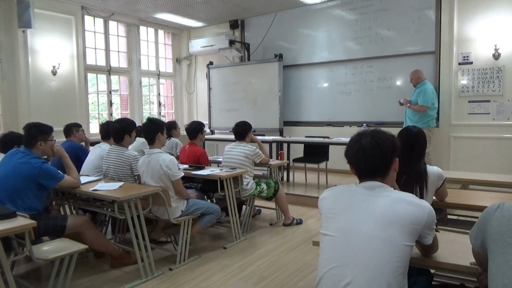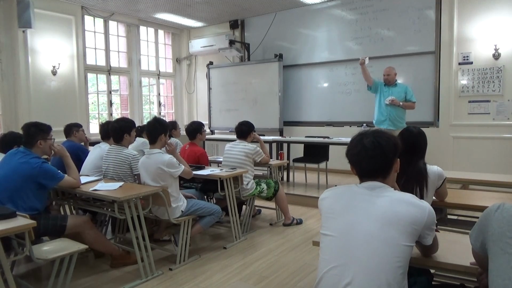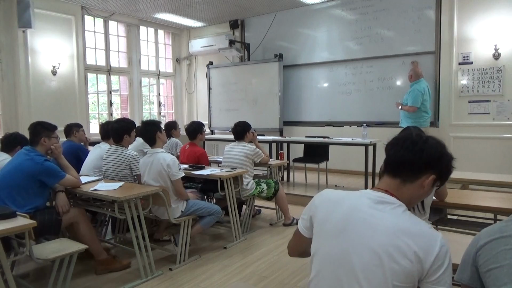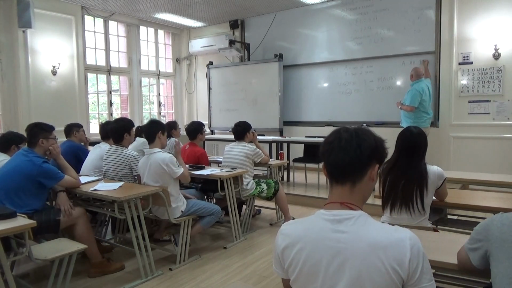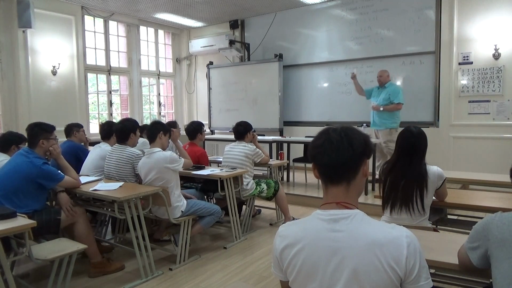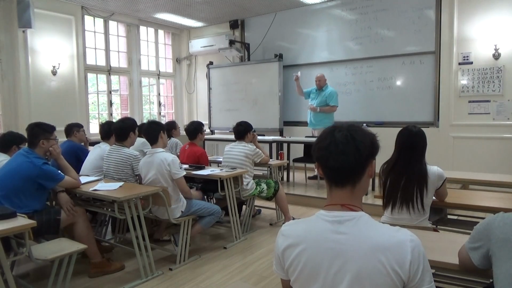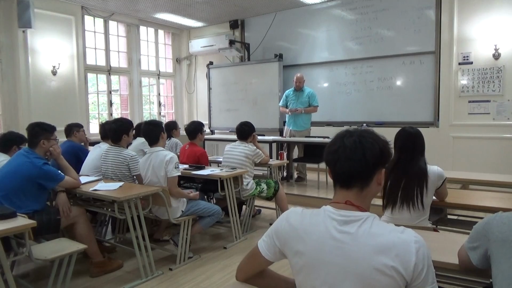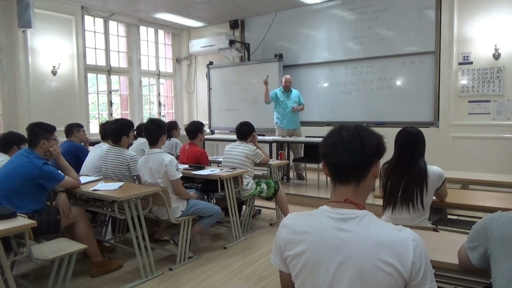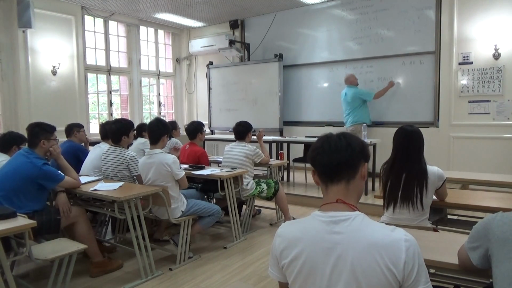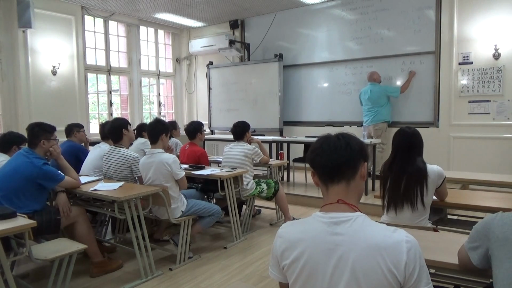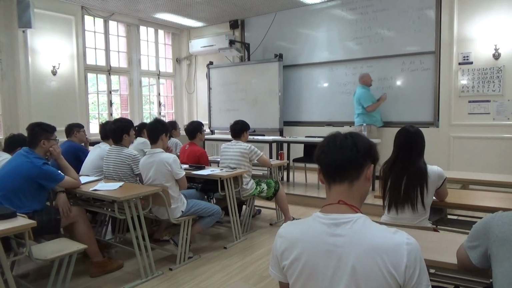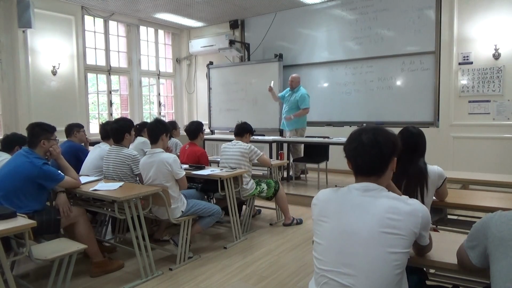Let's say that set A is all 8s in the deck. How many are there? There's 4. Let's say that set B is the court cards.